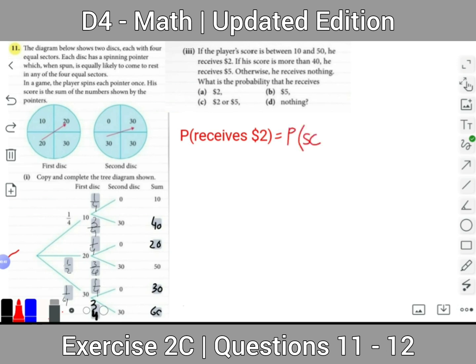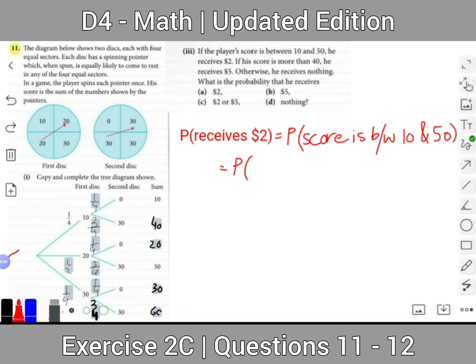So for this, the probability that he receives $2 is the probability that the score is between 10 and 50. And for this we have three possibilities.